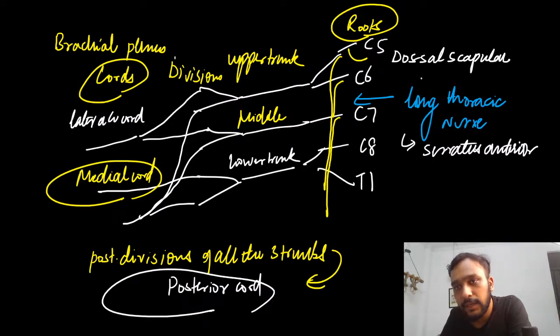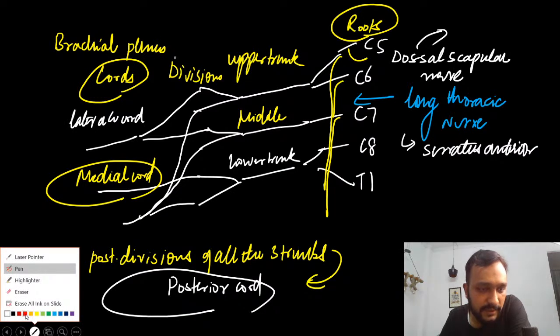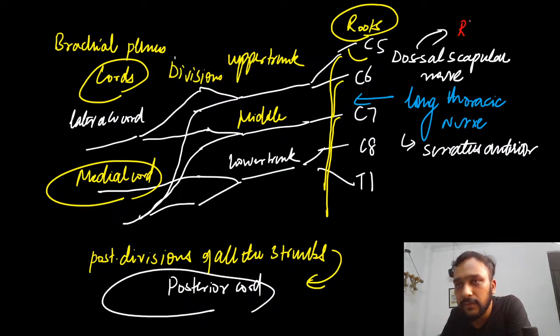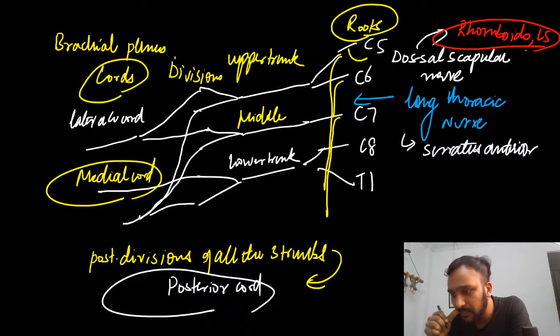And this dorsal scapular nerve is going to supply which group of muscles? Your rhomboids, right? Rhomboids and levator scapulae, right? Hi, Dr. Perak. Okay, you are first year. Great.